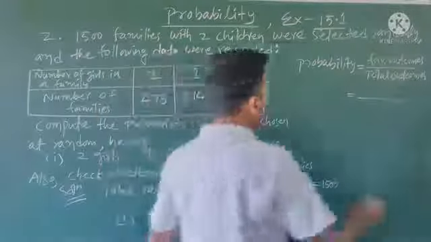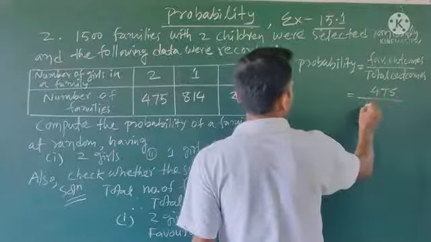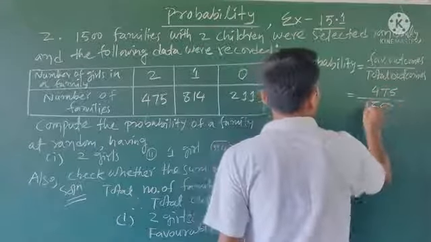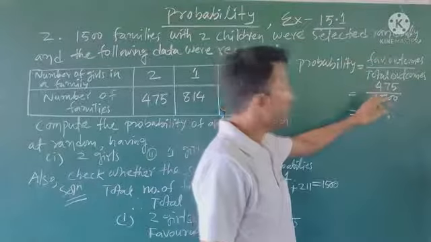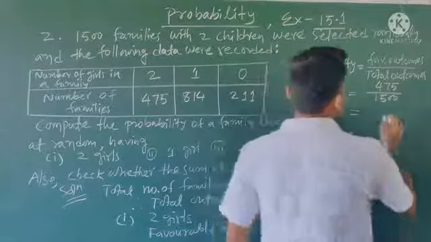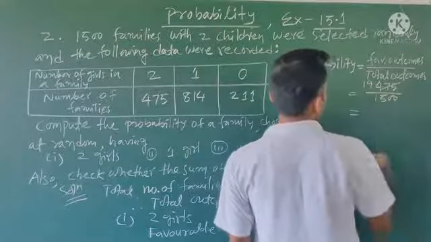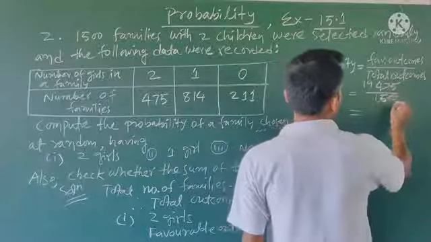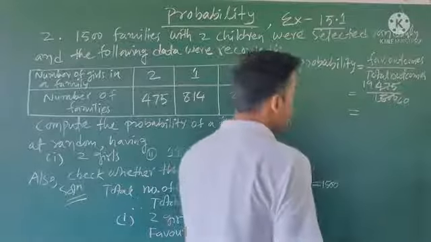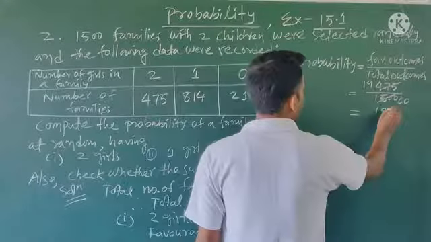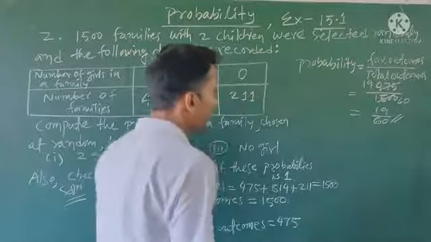So favorable outcomes 475, and total outcomes we have 1500. So now you see, is there any common factor between numerator and denominator? Yes, here we have a common factor. 19 into 25 is 475. Then 60 into 25 is 1500. So we have 19 by 60. This is probability 1.